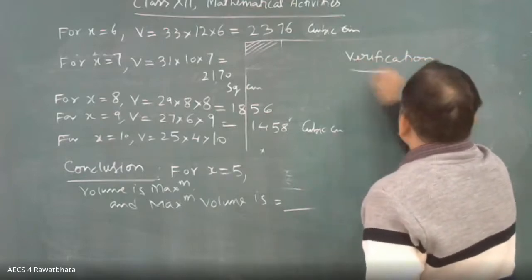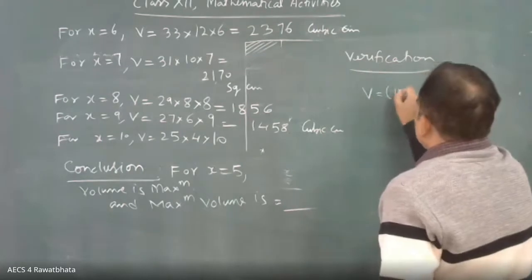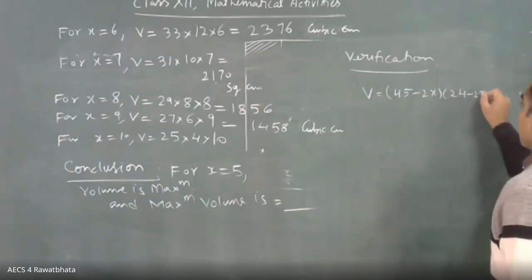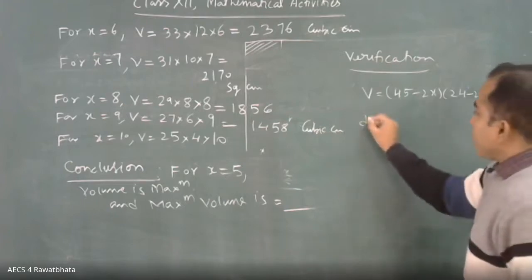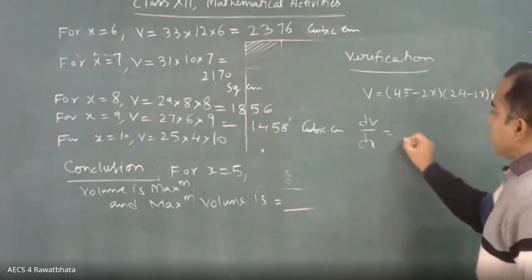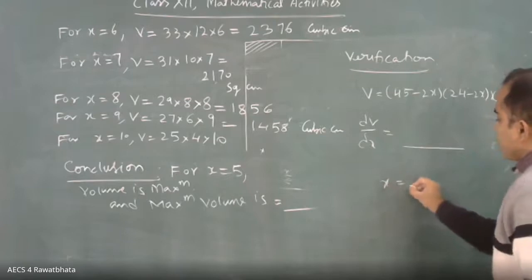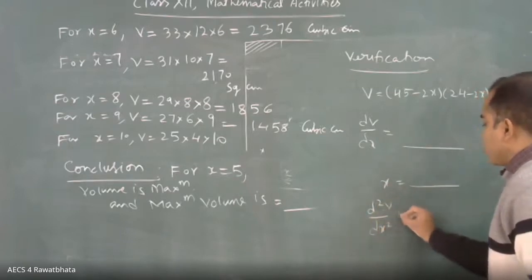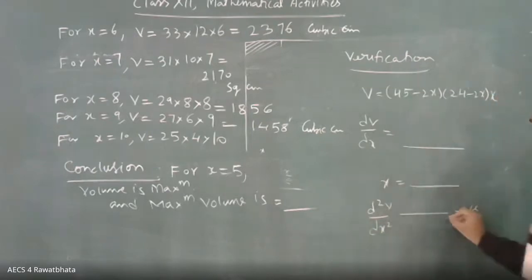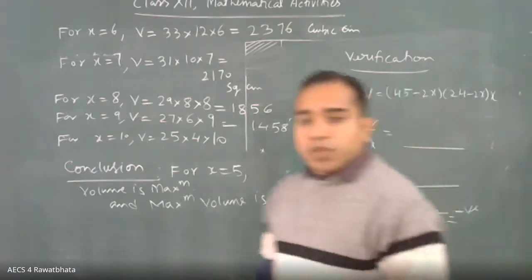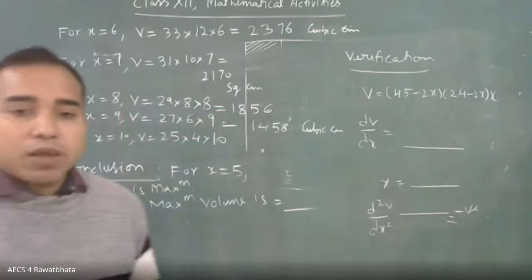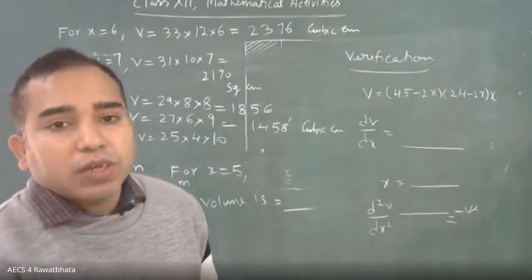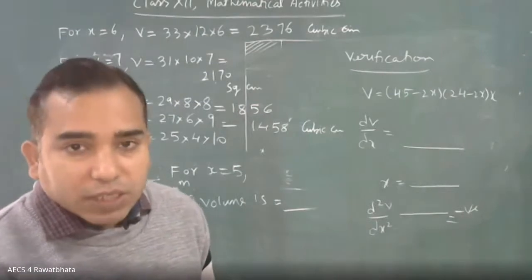If you do, v is equal to (45 minus 2x)(24 minus 2x) into x, then you can find out dv upon dx, and that also for x equal to something you will get, and then find out d2v upon dx square, and that also should be negative. Right, then it will be verified that for x equal to 5 only the volume is maximum. So this completes your activity number 7.